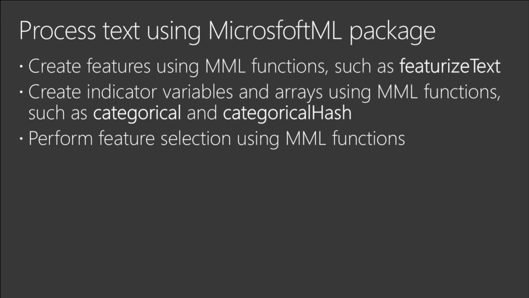And so you need to understand there can be questions about featurizing text, which I'll point to in the example. I do one example of this. If there's a lot, you just go read the help file, but I'll show an example of how to do it. Creating indicator variables and arrays. The Microsoft Machine Learning package actually has a way to create indicator variables and categorical hash variables also. And then there are also ways to do feature selection, which I'll again point to.